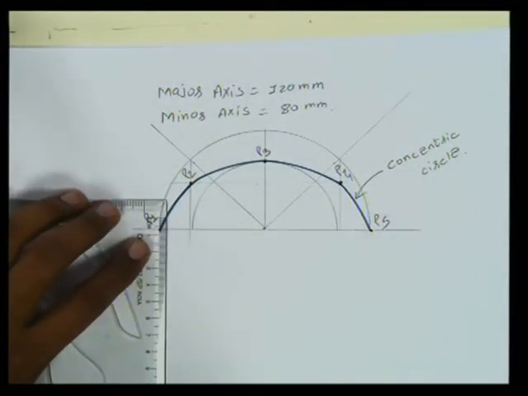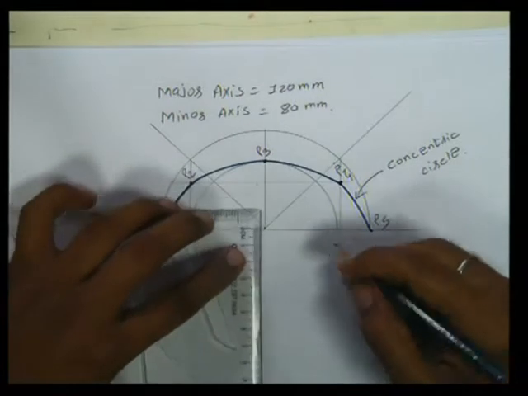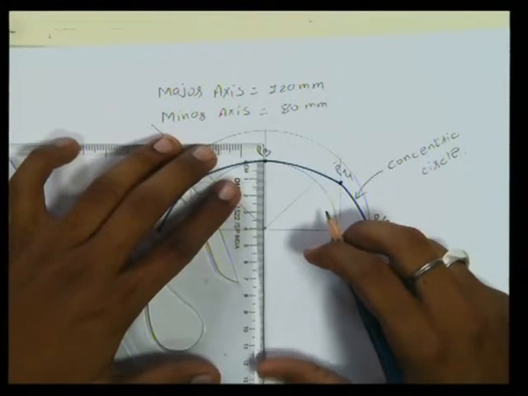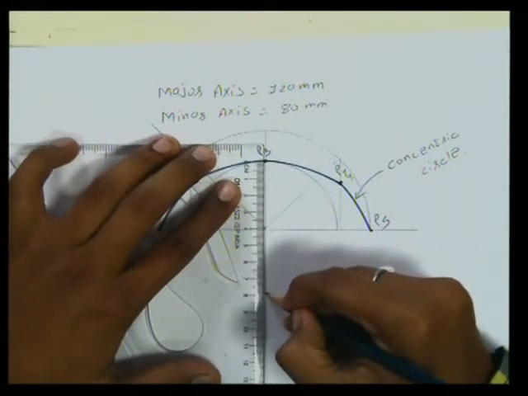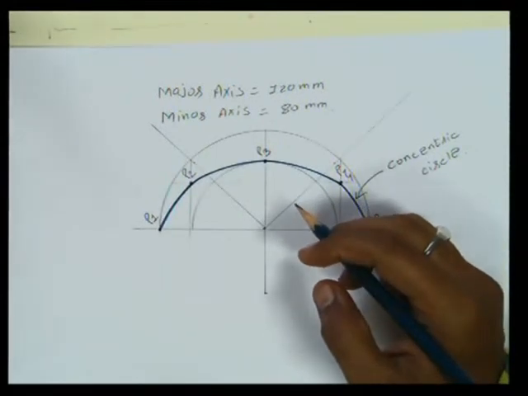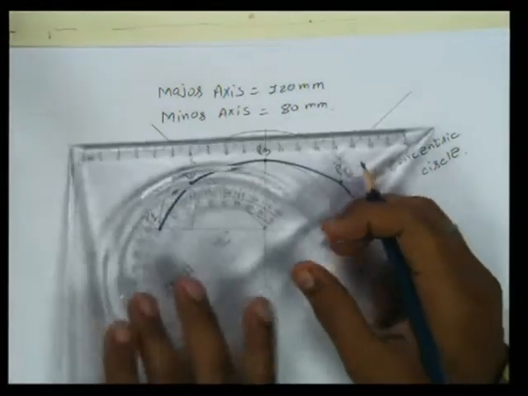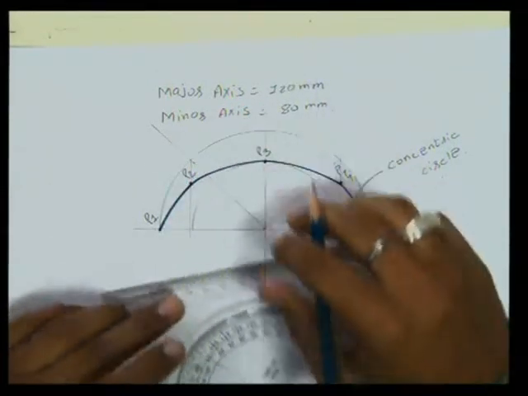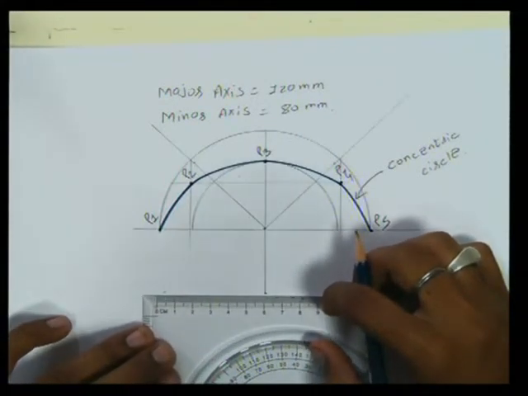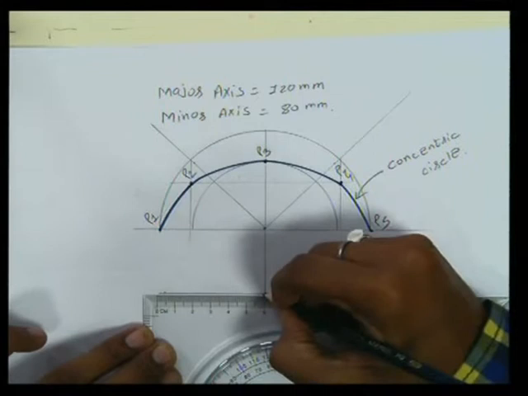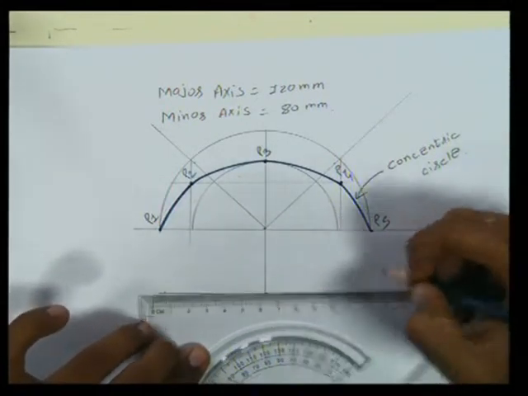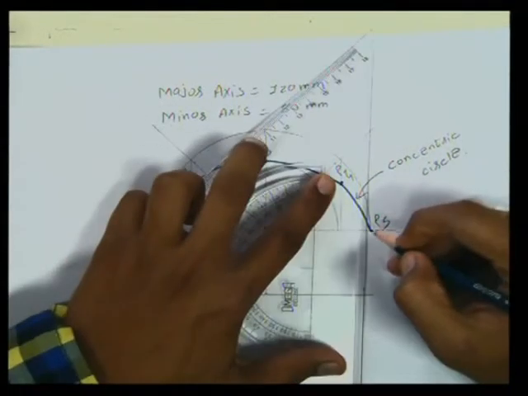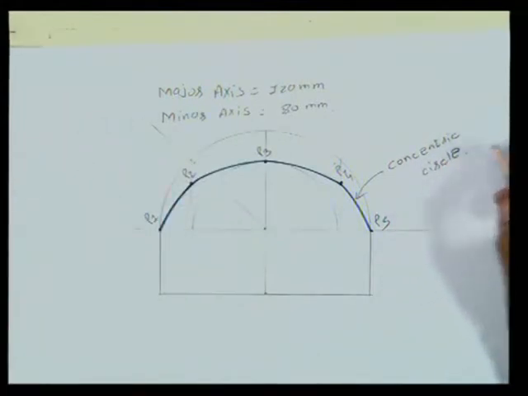Minor axis would be 80 mm, which means that we need to draw an additional 40 mm, and from that 40 mm point we need to draw a perpendicular line of 60 mm on both sides, which will be joined directly to this circle, like this.